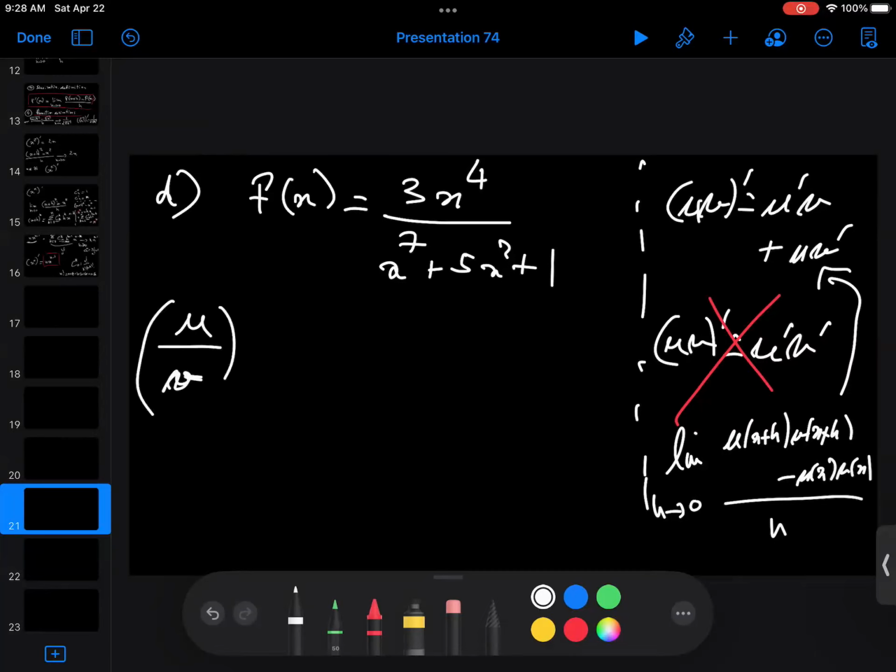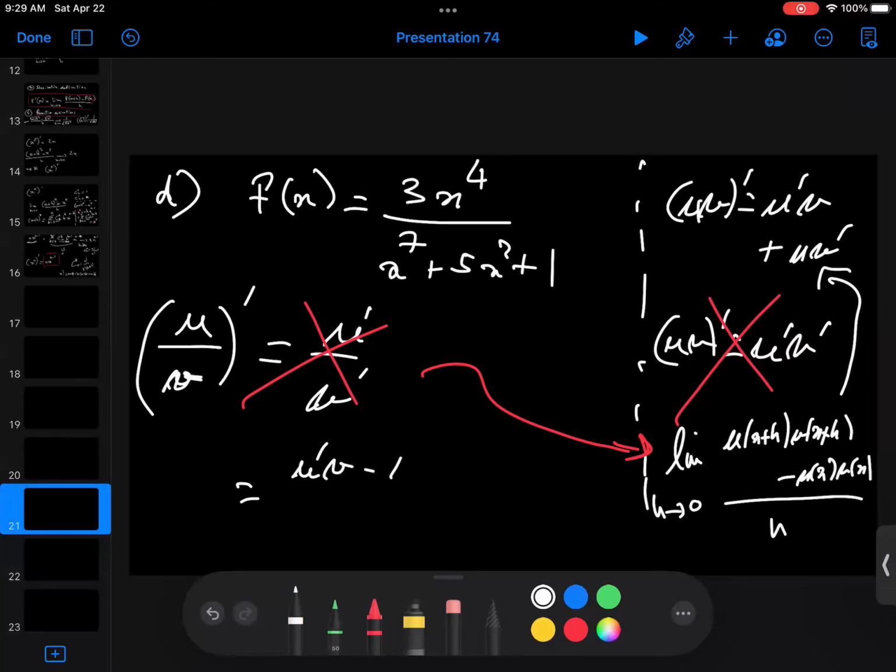If I want to compute the derivative of a function u divided by a function v, again you could think it is u' over v', but that's not the case. If you do this computation with the definition of the derivative, you will find the formula: u'v minus uv', divided by v squared.